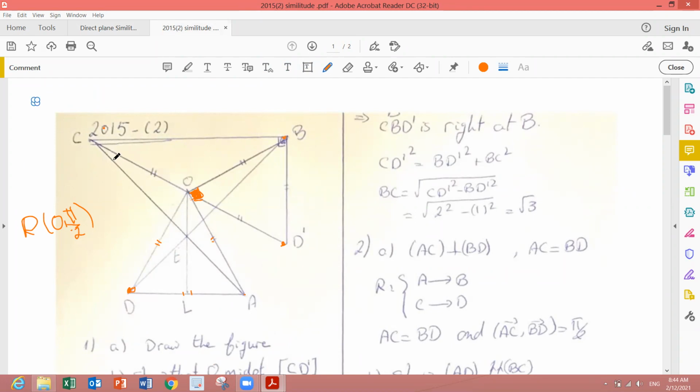D is the rotation of C, meaning angle COD equals 90 degrees and OC equals OD. It stays like this, not minus 90, because D is the image of C, not C the image of D. So angle OC to OD is 90, and angle OD to OC is minus 90. Yes, D is the image of C.